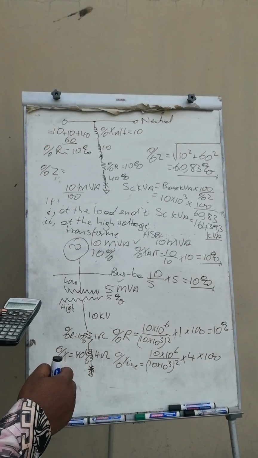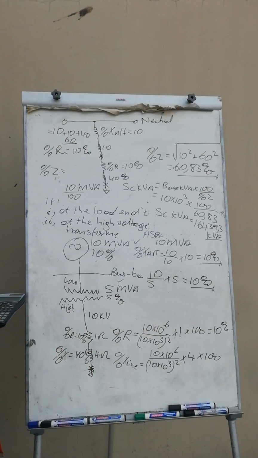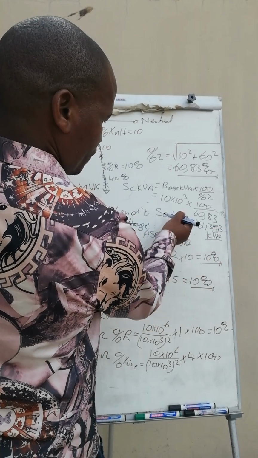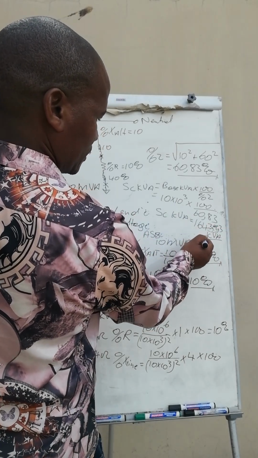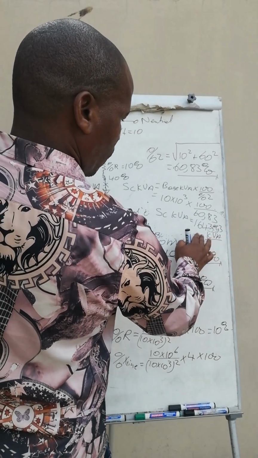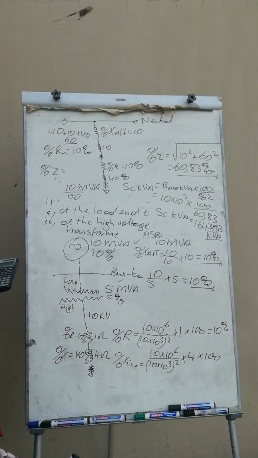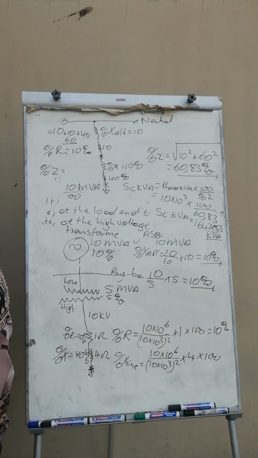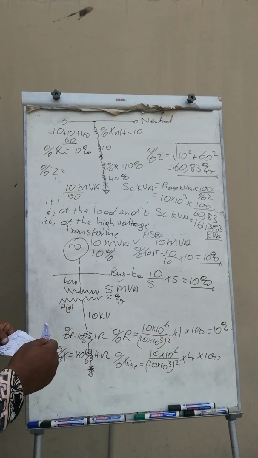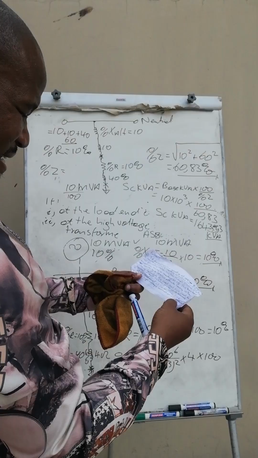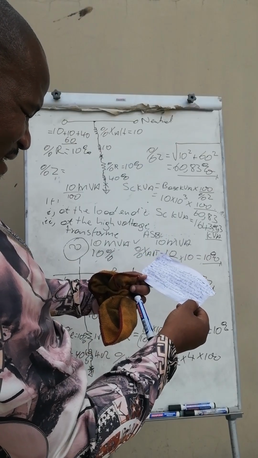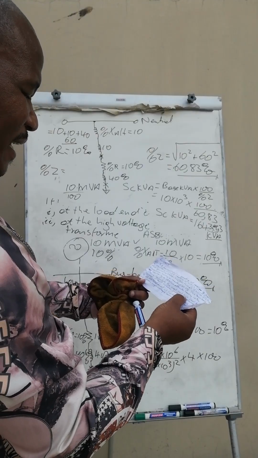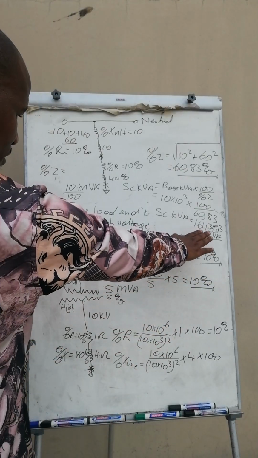Yes, it's kVA. Or if we divide again by 1,000, it can be 16.43 megavolt amps. I can't remember whether the question was in kVA. The question was to calculate the short circuit kVA. Yes, this is the situation.